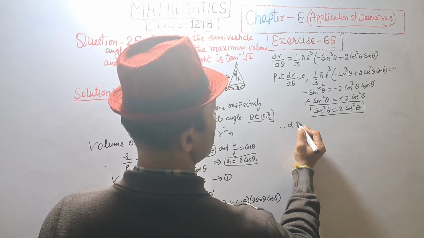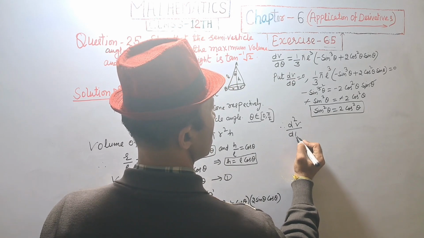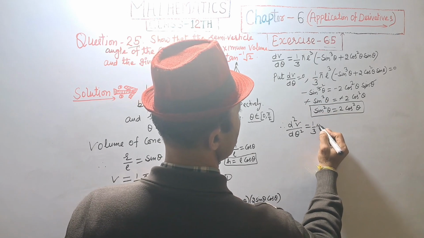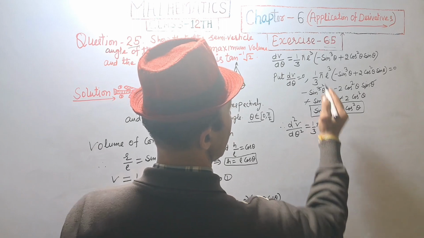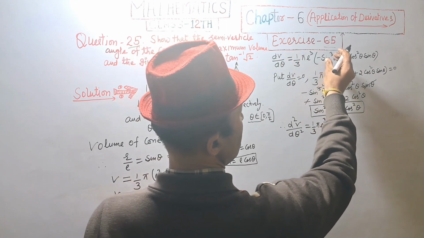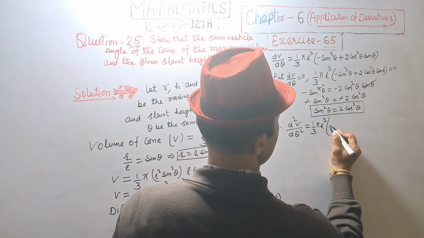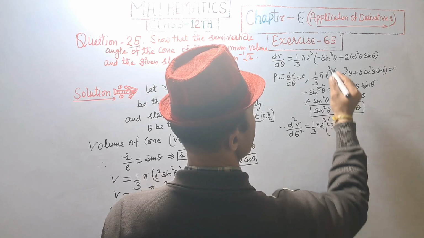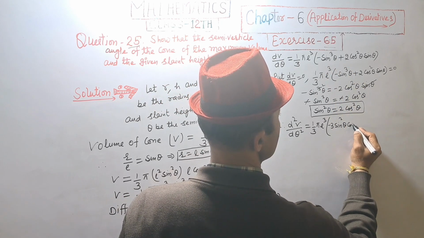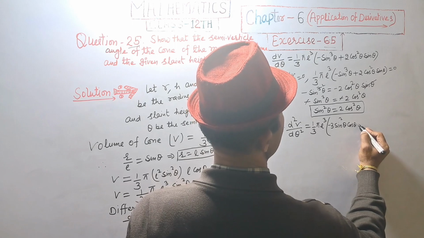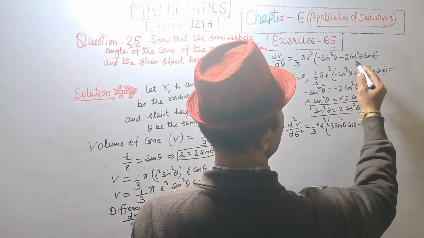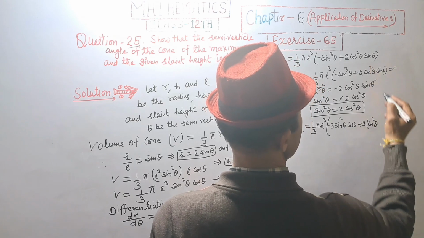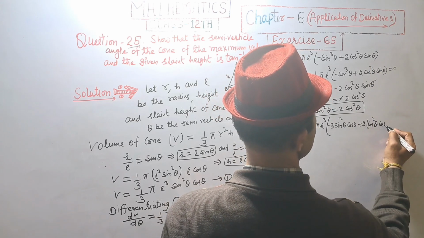So the double derivative d square V upon d theta square is equal to 1 upon 3 pi L raised to power 3 as it is, and differentiation of minus sin cube theta is minus 3 sin square theta into the differentiation of sin theta, which is cos theta, plus 2 cos square theta as it is, derivative of sin theta is cos theta.